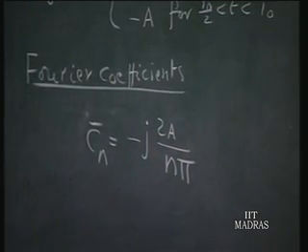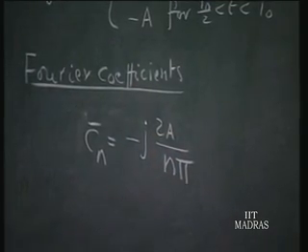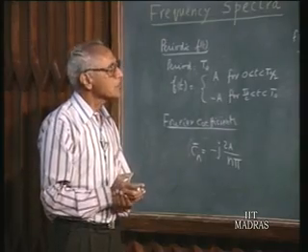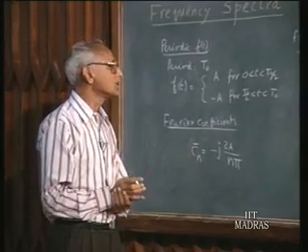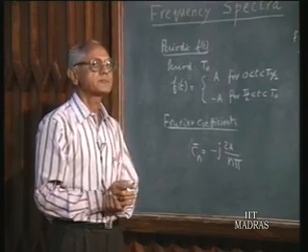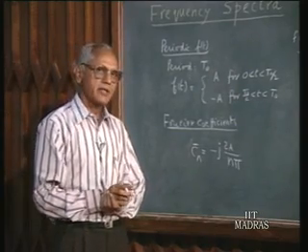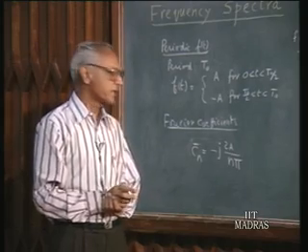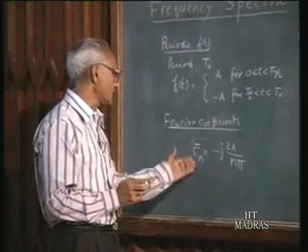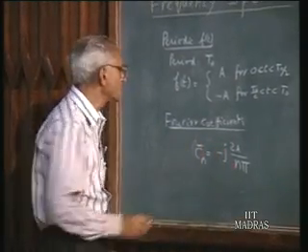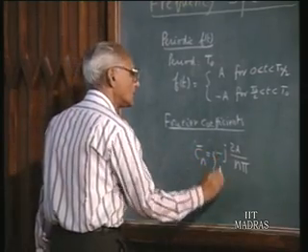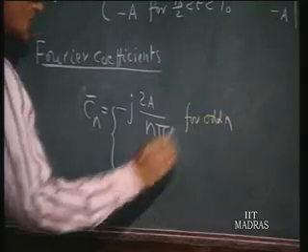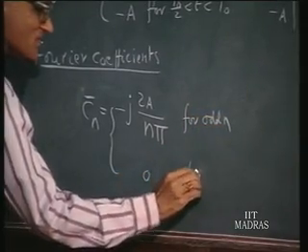You recall that in the trigonometric expansion of this function of time, the coefficients of sin n omega naught t is 4A by n pi, and since Cn is minus j bn by 2, bn terms are only present, 4A by n pi for odd n, therefore Cn will be minus j 2A by n pi for odd n and 0 for even n.